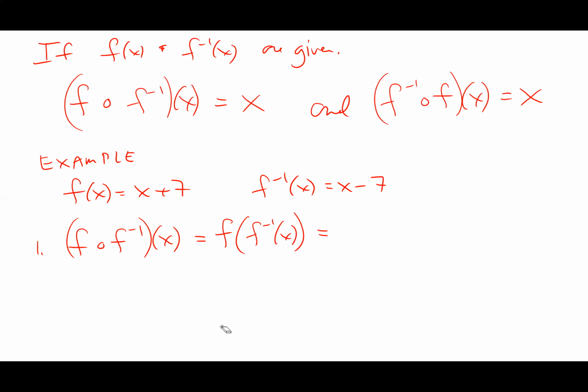Okay, let's go with f of x minus 7. Is that true, you guys? What worked last time, right? We stuff this function inside here. And what we're going to do now is stuff this function into this function. So we're going to rewrite the f function, and each time you see an x, you're going to write x minus 7.